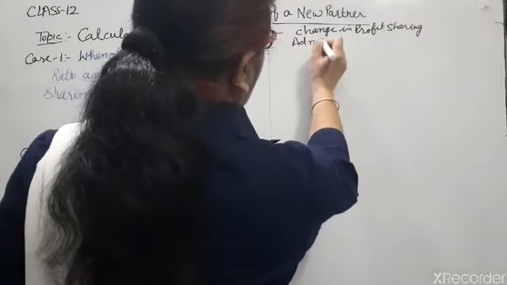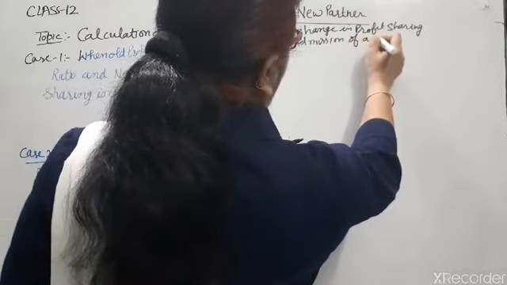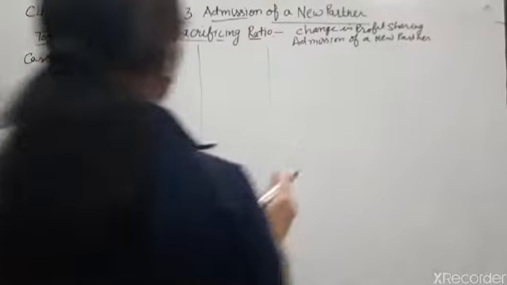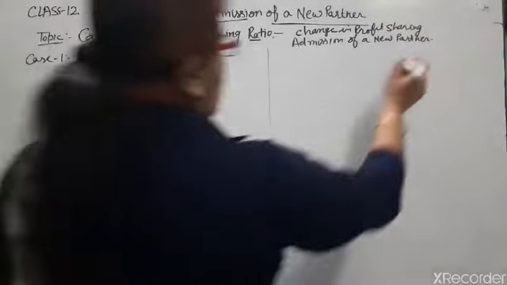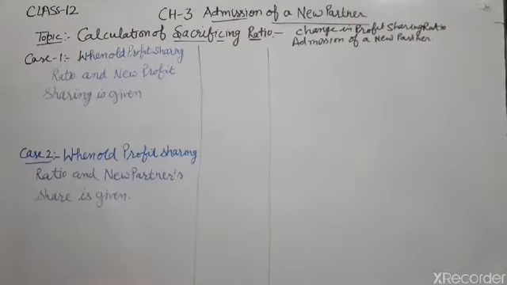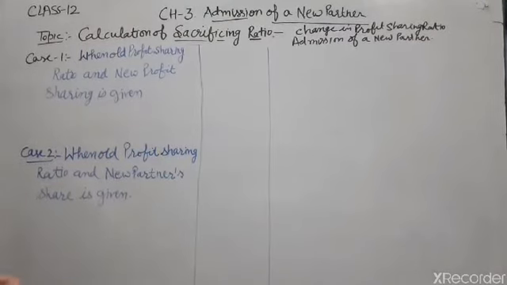Whenever a new partner is admitted, old partners sacrifice. So the sacrificing ratio is calculated in only two situations, and there are 5 cases for calculation of sacrificing ratio.